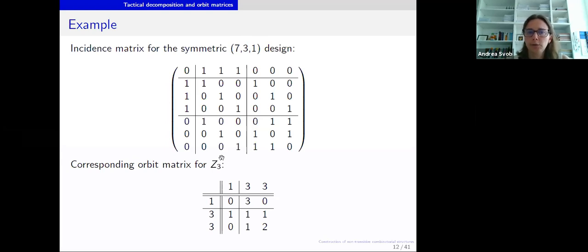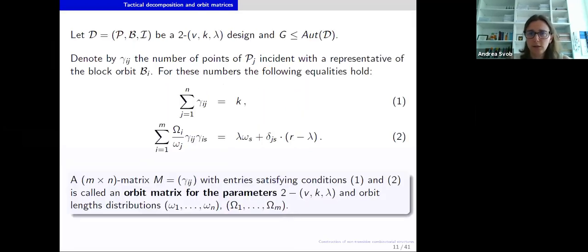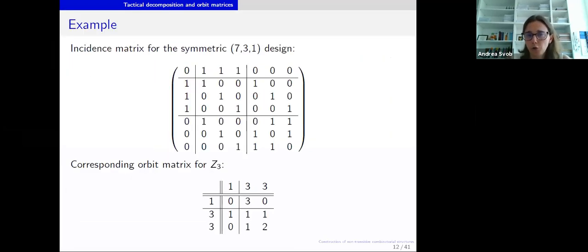We know that this group will make us a tactical decomposition. And if we build an orbit matrix by the rules that we said here, then we will have an orbit matrix for this design and for this cyclic group.